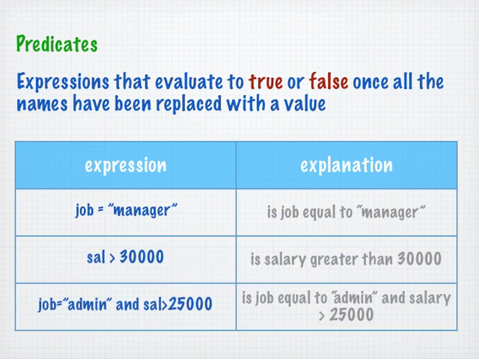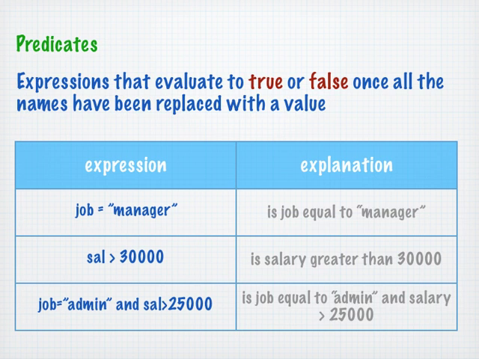Now the way that we express a predicate in SQL is very similar to many other programming languages. It's typically things that look like something equals something, or something is greater than something, or something is less than something.